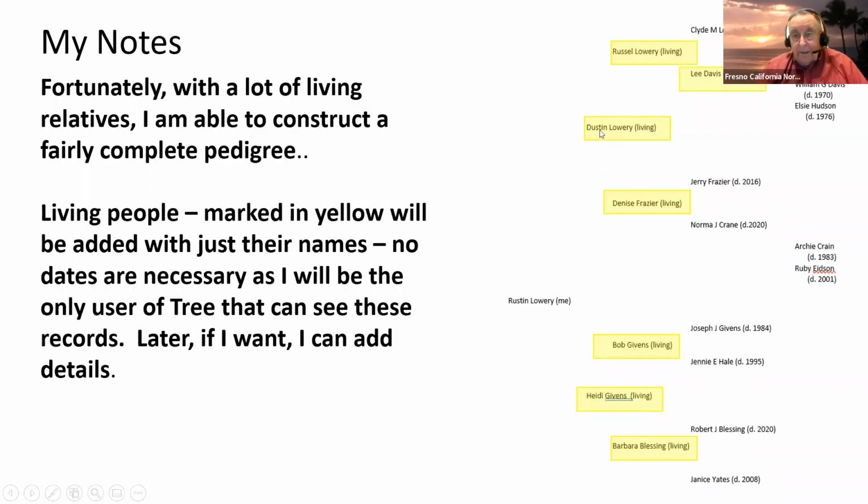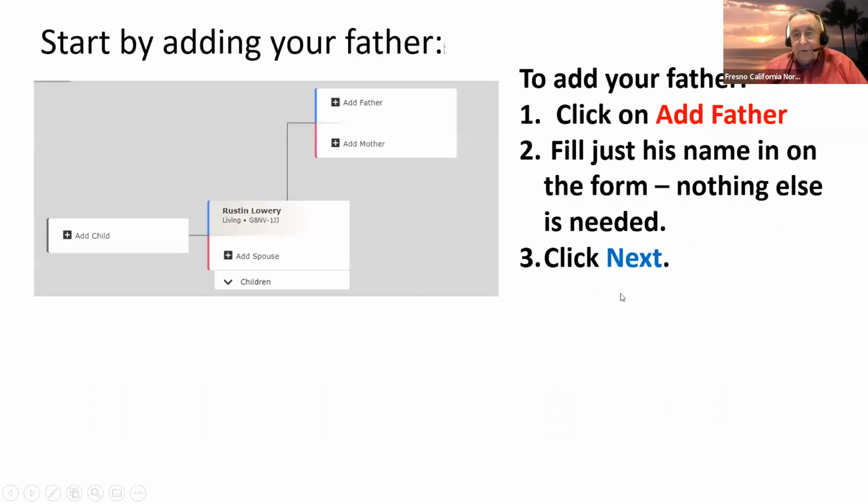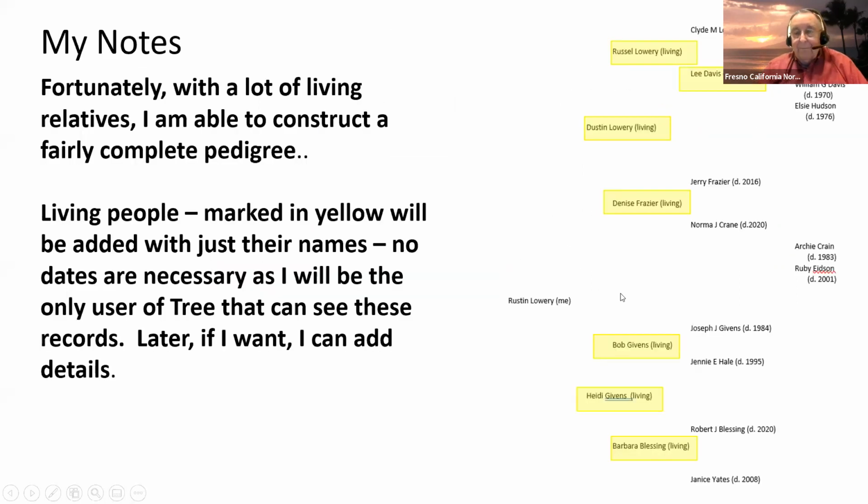And then his parents, Heidi and Dustin. And then his grandparents, Russell and Denise and Bob and Barbara. And you'll notice they're all in yellow because they're living. The next generation over where I don't have yellow, these are deceased people. And our goal is to work our way back to these deceased people.